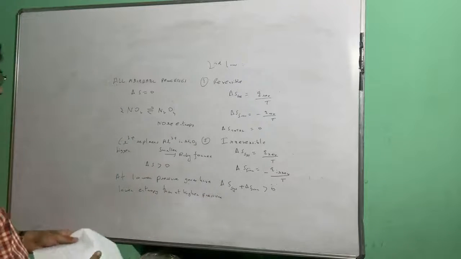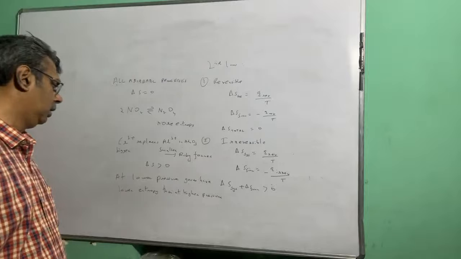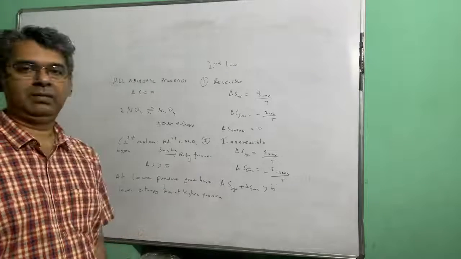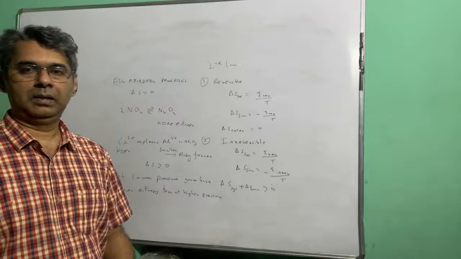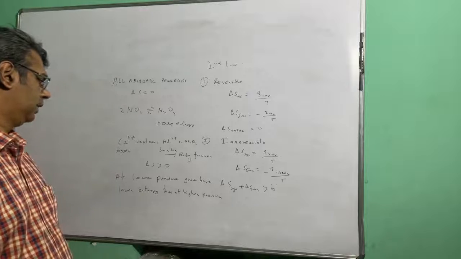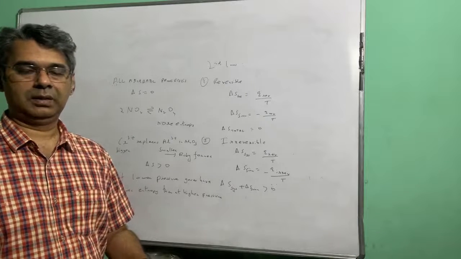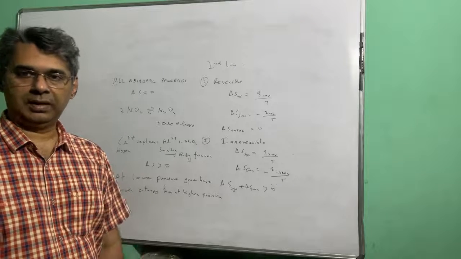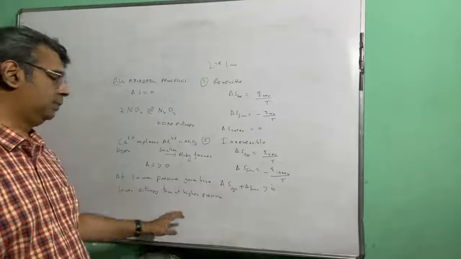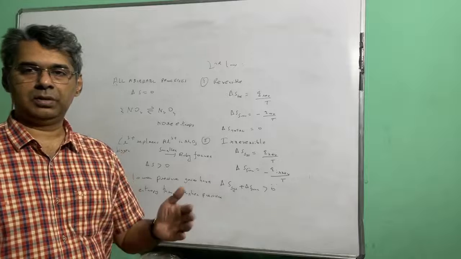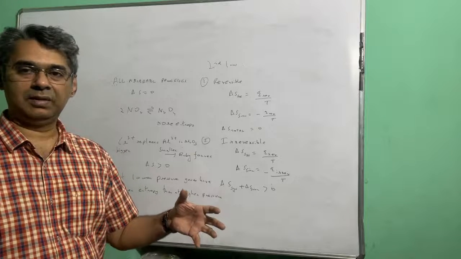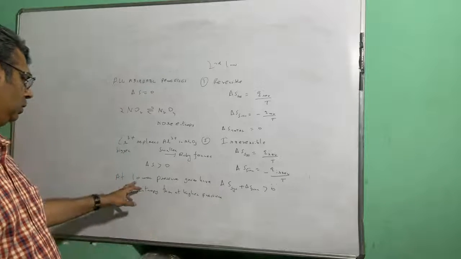Okay, now next, suppose you have a sample of gas and the pressure is low. When the pressure is low, the gaseous molecules tend to move around more randomly. But if the pressure is high, high pressure means low volume, and the gaseous molecules have less randomness.